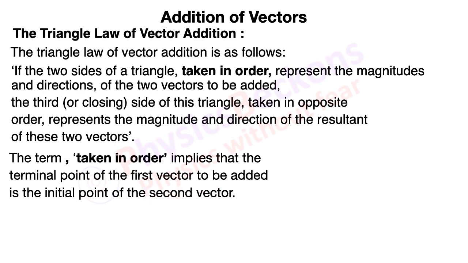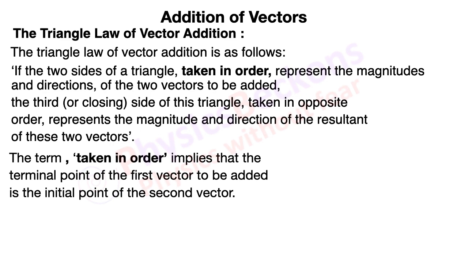Now what do we mean by the term taken in order? Taken in order means the terminal point of the first vector to be added should be the initial point of the second vector. That is, if you have a triangle ABC, the two vectors to be added are to be represented by AB and BC.